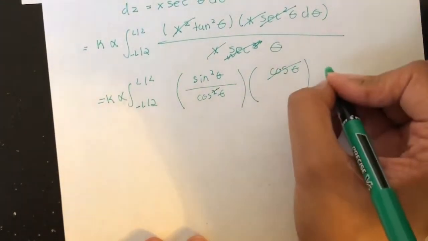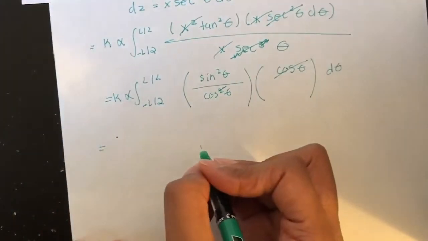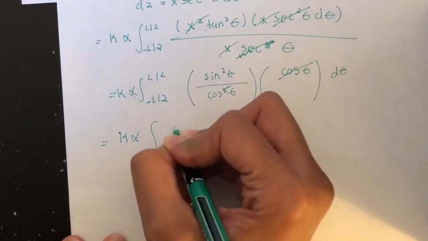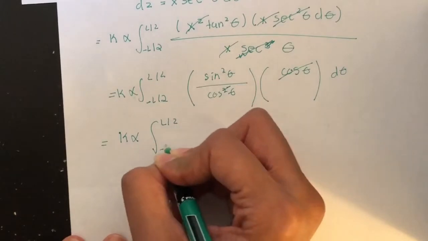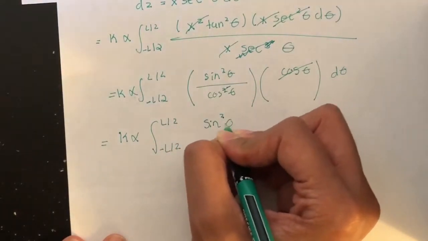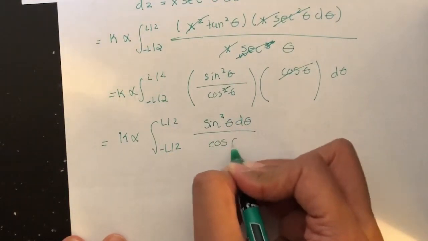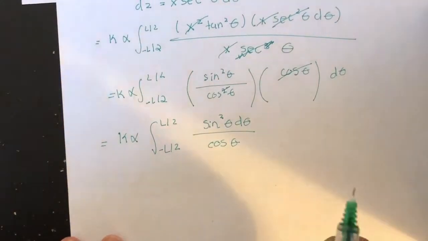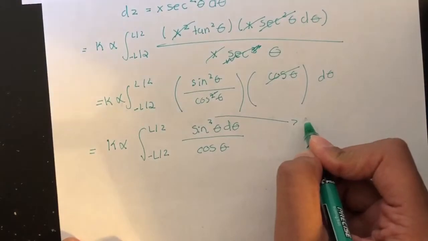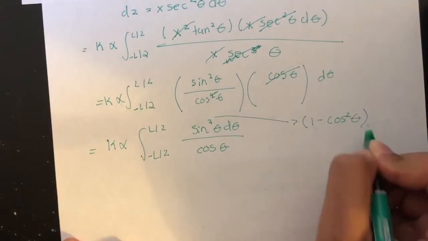So that cancels out. This is another trig identity: sine squared theta is equal to 1 minus cosine squared theta.